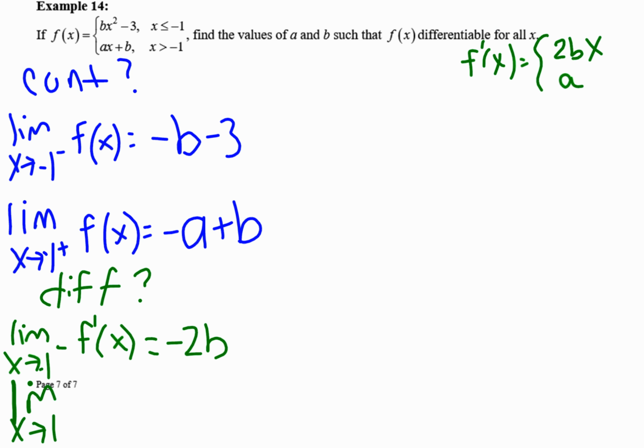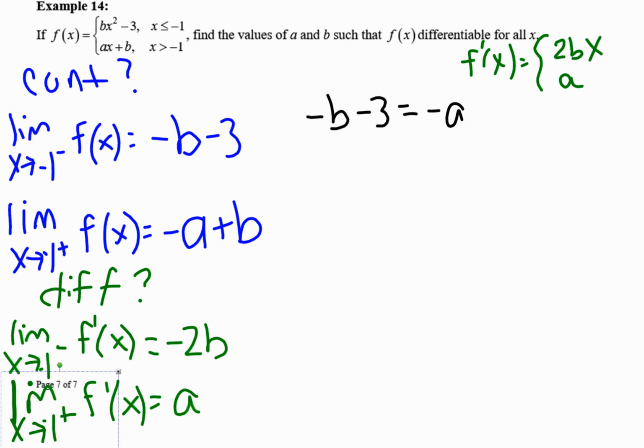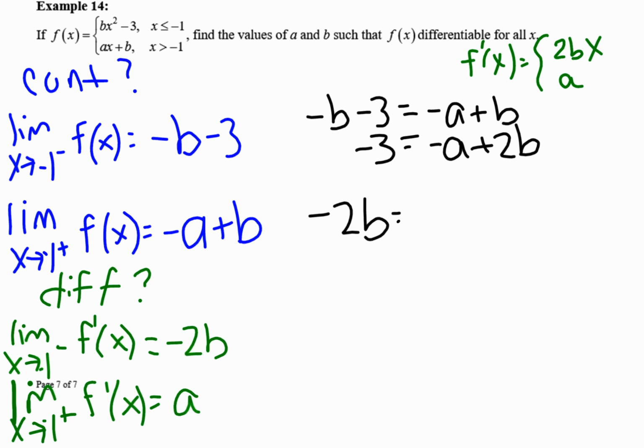Approaches -1 from the right, f prime of x, there we go. And for that we would get a. So now again we have two equations with two unknowns. We'd have -b minus 3 equals -a plus b. We could rewrite that. And we also have this equation, -2b equals a.